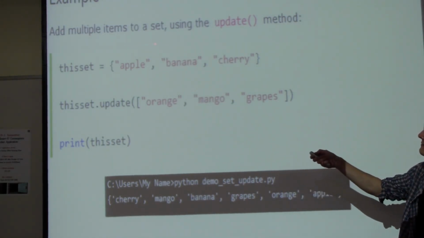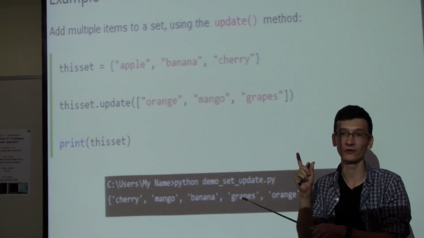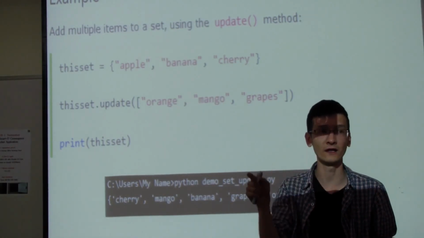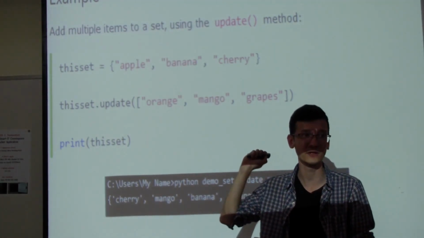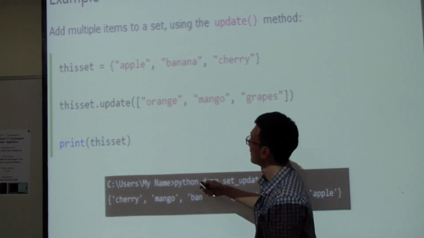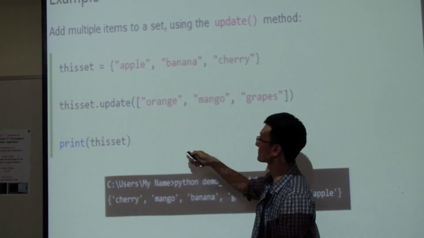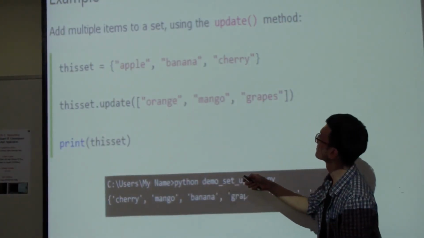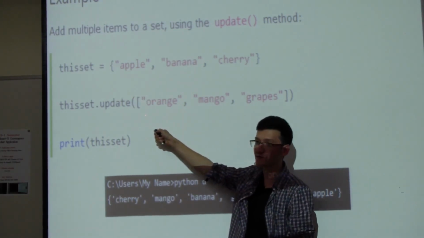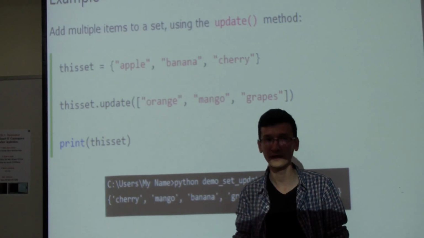To add multiple items to a set, we use the update function. Not only one value. If you'd like to add multiple values, use the update function. If you would like to use the update function, you have to put what? Square brackets. Yeah, square brackets, and you can add values.